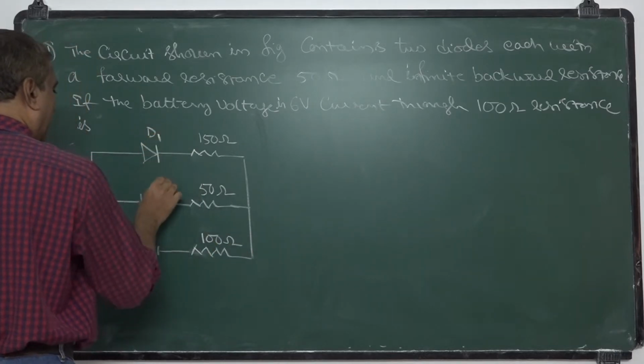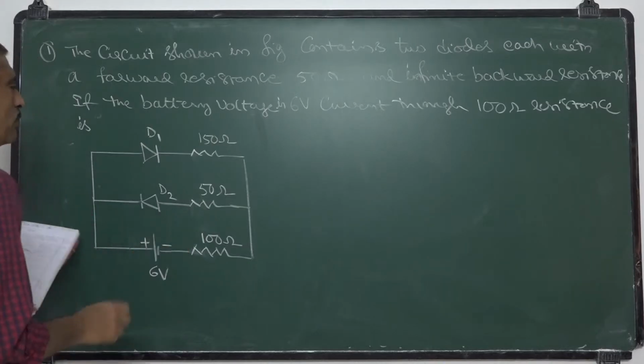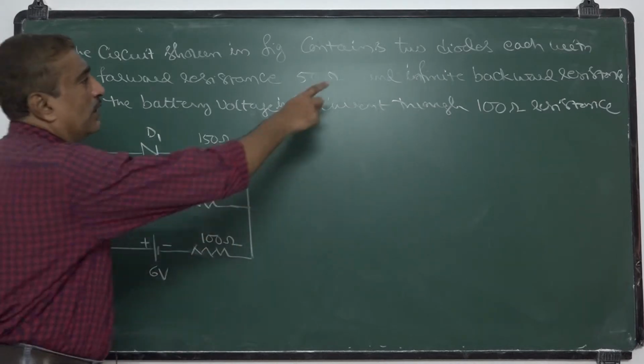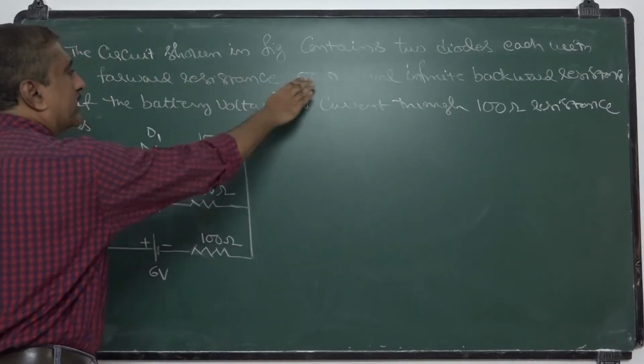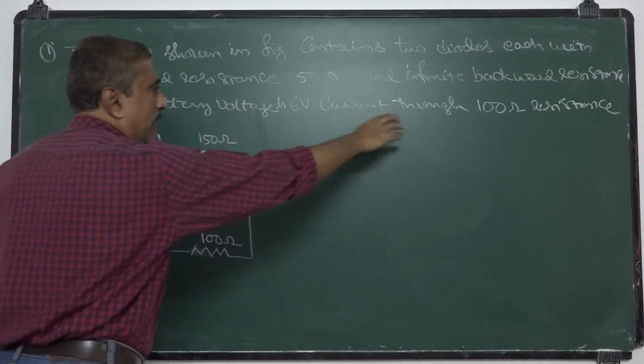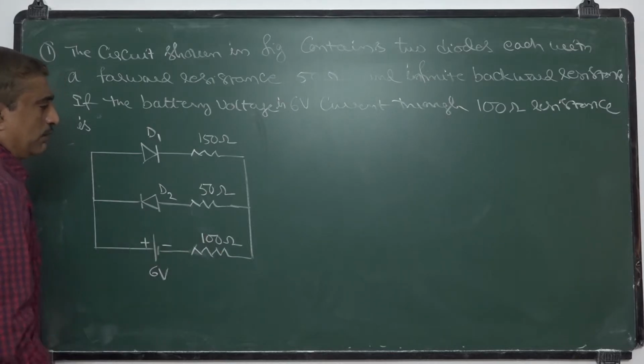Diode D1, diode D2 and this is 6 volt, this is plus and this is minus. Okay, so this is the circuit given, and from this circuit two diodes each with forward resistance 50 ohm, infinite backward resistance, battery voltage is 6 volt, current through, that means we have to find the current through this resistance 100 ohm.